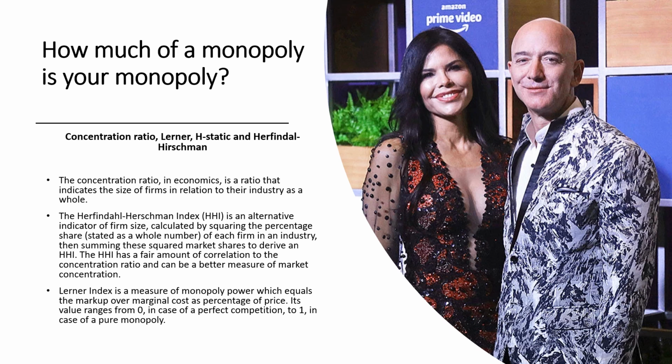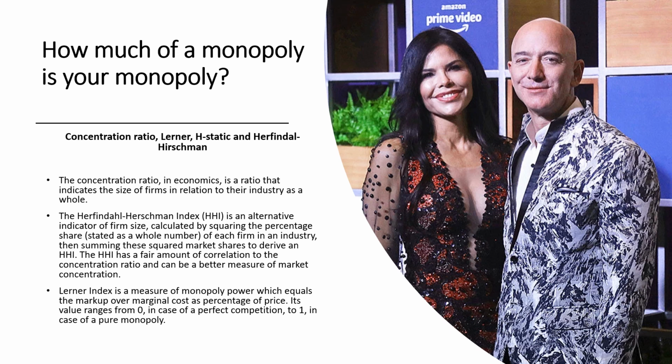Monopolies are price makers, they dictate the price. And how much is their markup over the marginal cost as a percentage of the price? It ranges from 0 in perfect competition to 1 in the case of a pure monopoly.